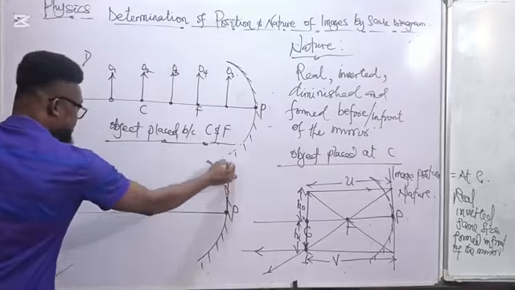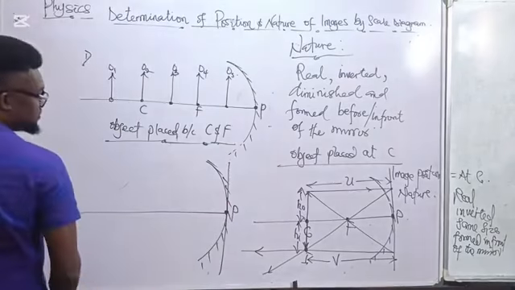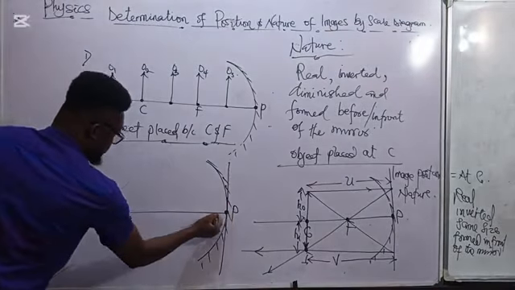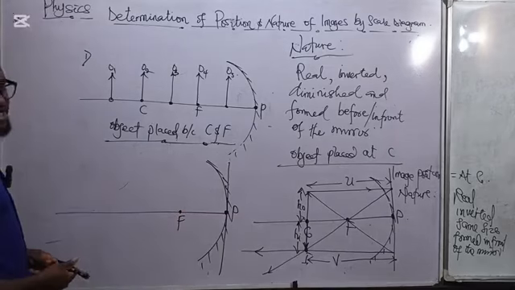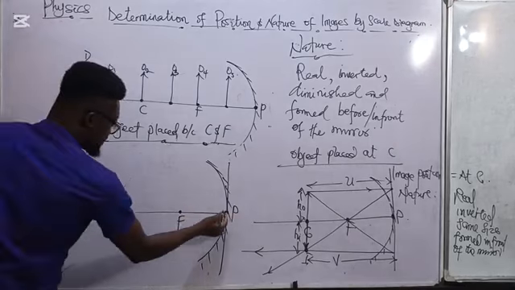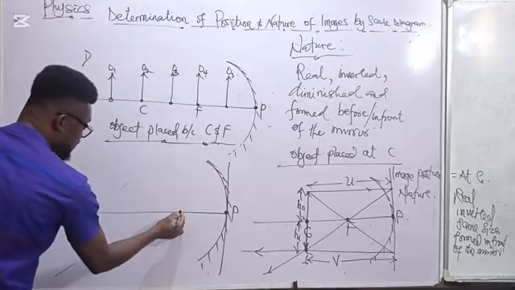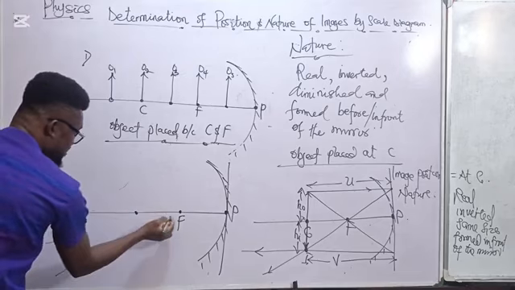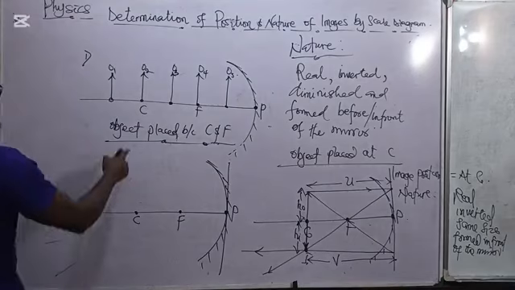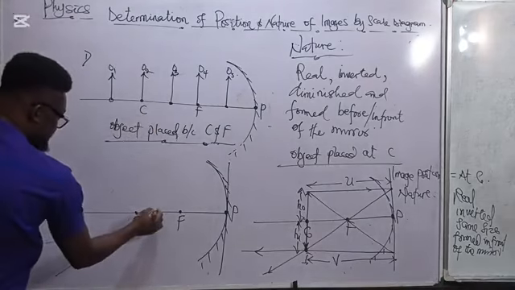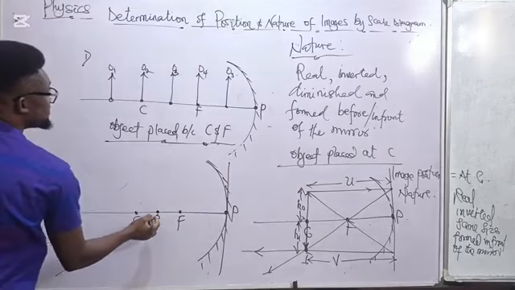So we take a reference line again. So at this very point being the pole, we have to determine the focal length we need. So from here to here is the focal length, which will also be equal to from F to C, the center of curvature. Now, when the object is placed between C and F, let's say we have the object placed here.